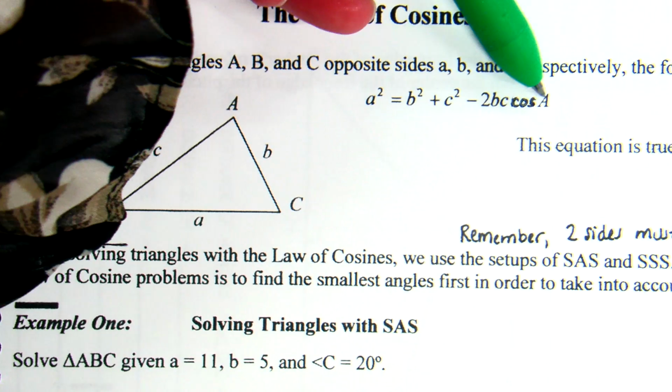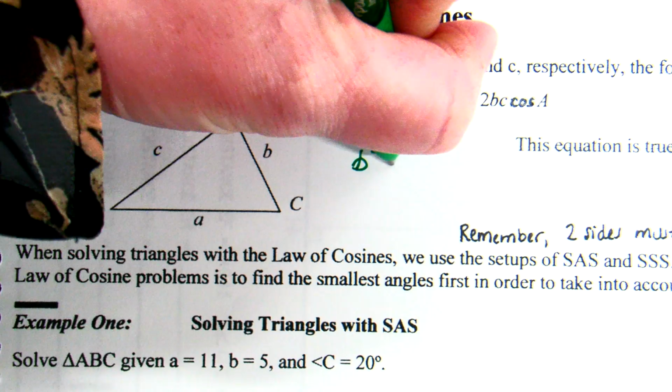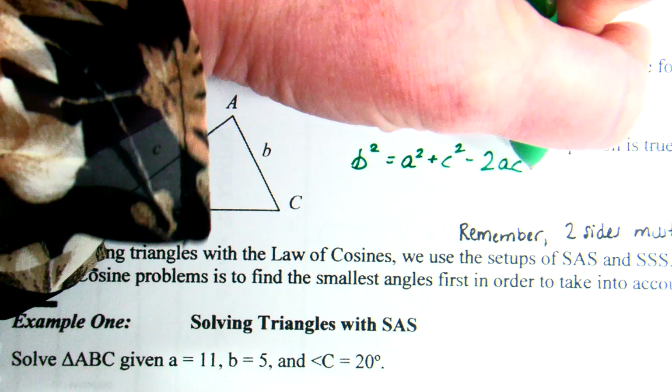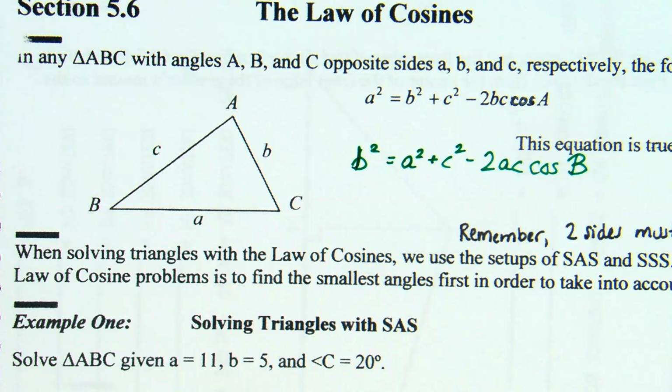So, the point is we can also write one that starts with b squared. If it's b squared, so if that's the side on the left, the two sides being added right here are a squared plus c squared minus 2, using those same sides, ac times cosine of angle B, because side B is what started this equation. Okay, that's one version of it. And we can also have a third version of it, yes?